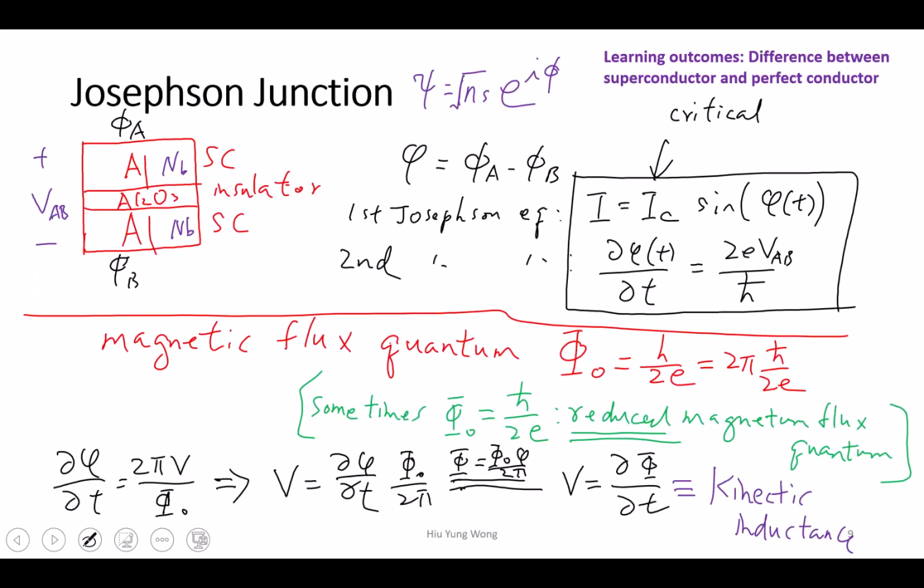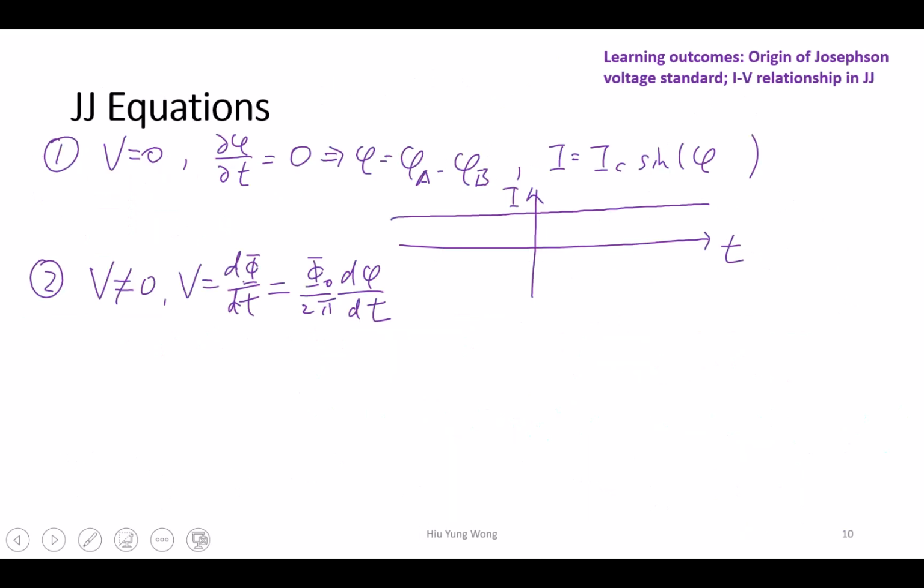Okay, here, right? d phi dt is not difficult to memorize. It's just equal to reduced magnetic quanta times the phase. Okay, so that's what I'm doing. This was the original Josephson Junction second equation, right? But I can write as d phi dt. Is that okay?